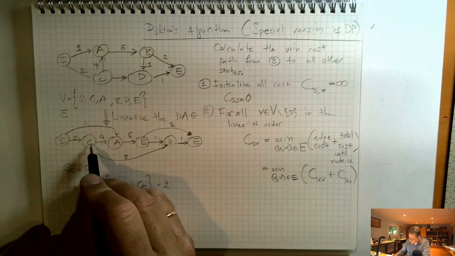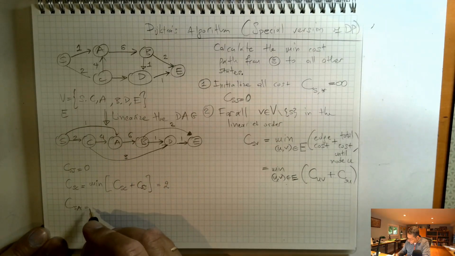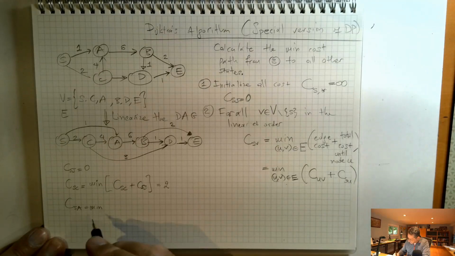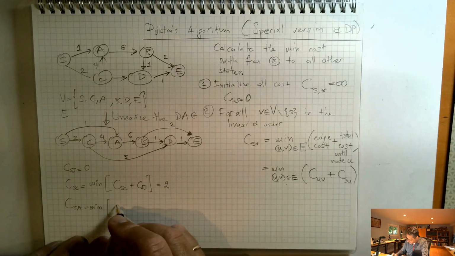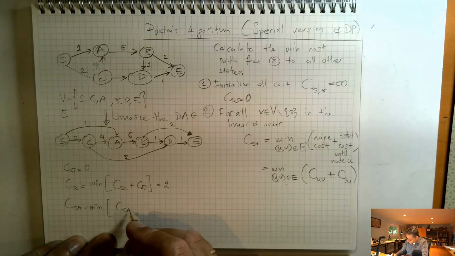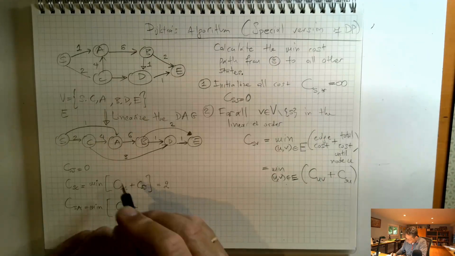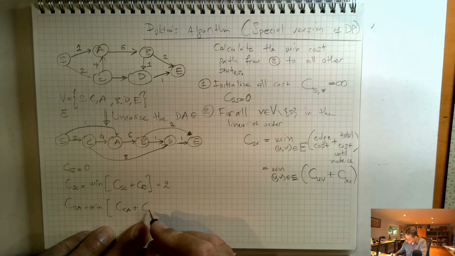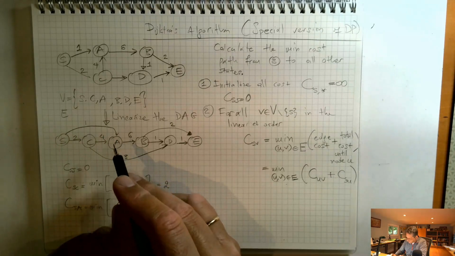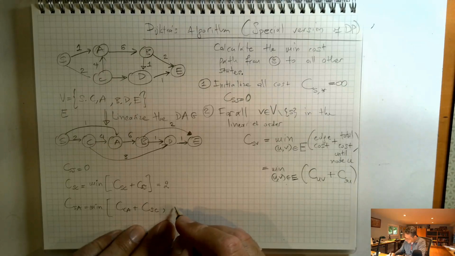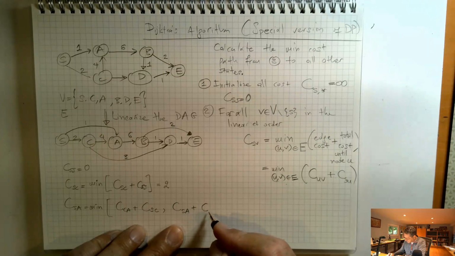Then we have the other node, the cost to A, CSA, which is the minimum of the edge from C to A plus CSC, comma, the other one, there's a direct path from S to A, so this is basically CSA plus CSS.